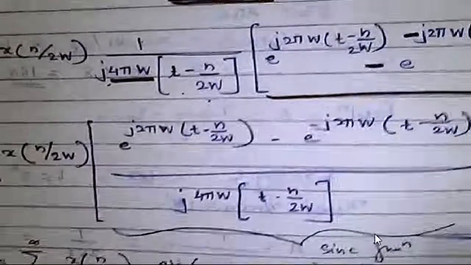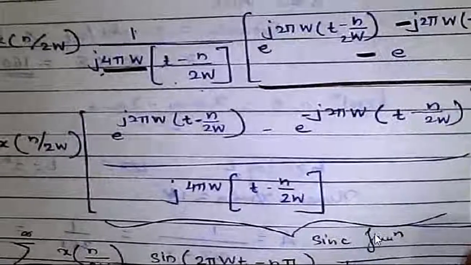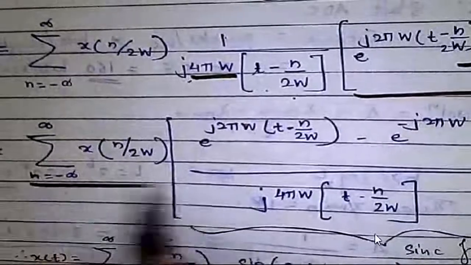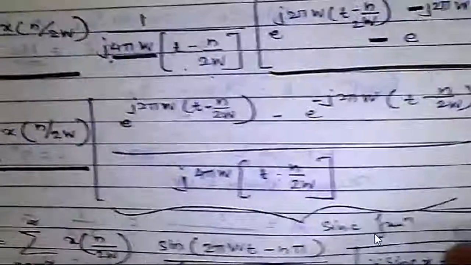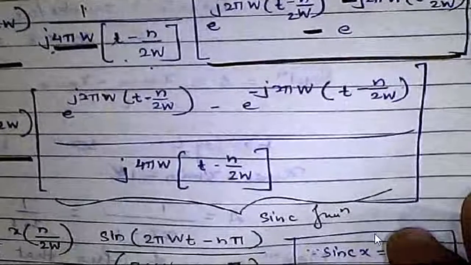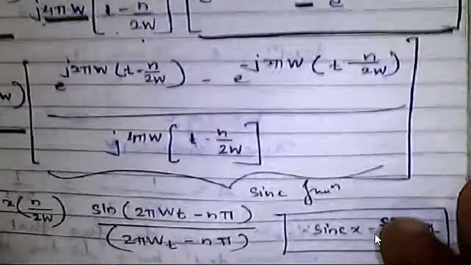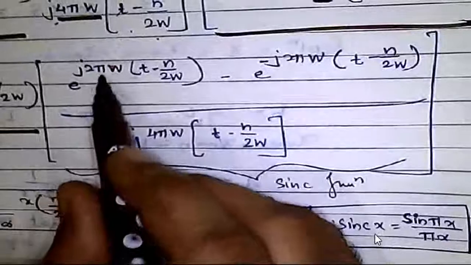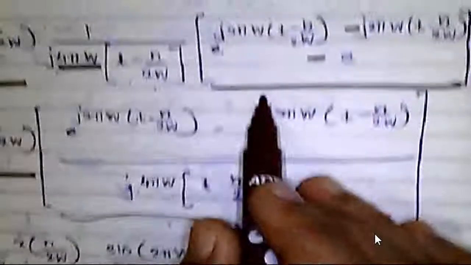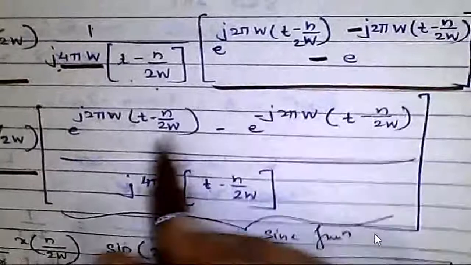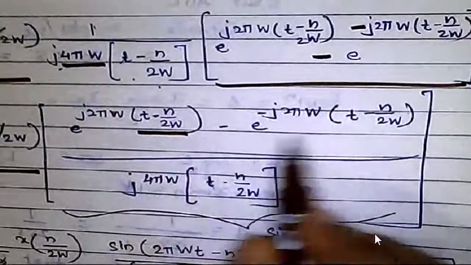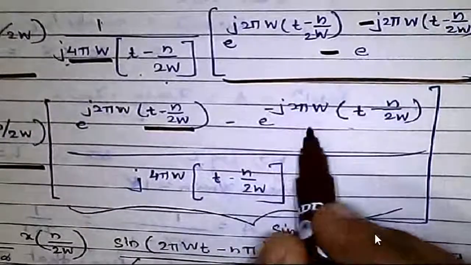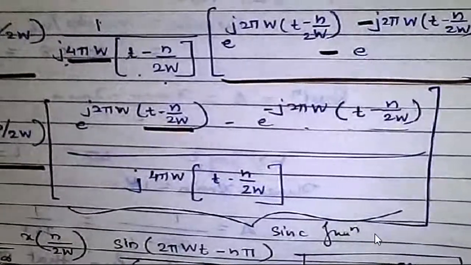Now for further simplification of the same part, let's keep the summation and x of n by 2W as it is. It is not at all varying. Here e raised to j 2 pi W is simply a rearrangement of the first part, t minus n by 2W, into e raised to minus j 2 pi W, and the rest of the terms are the same.